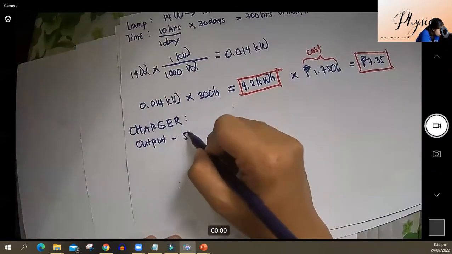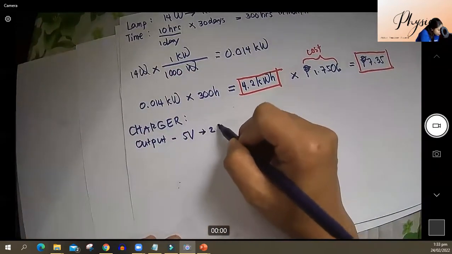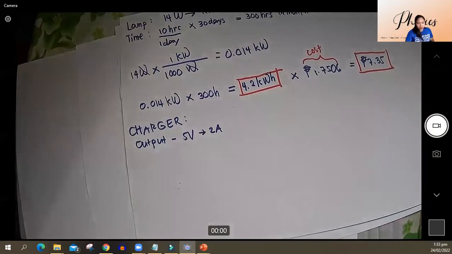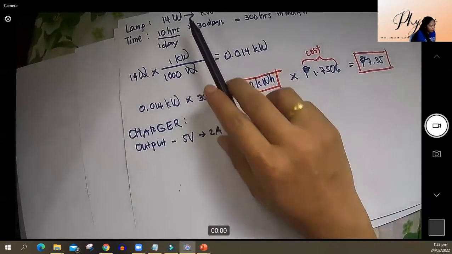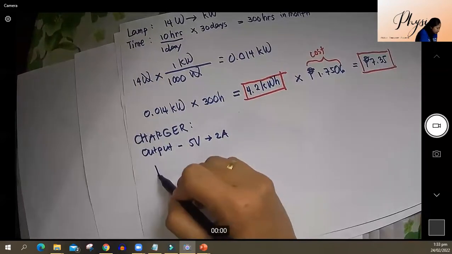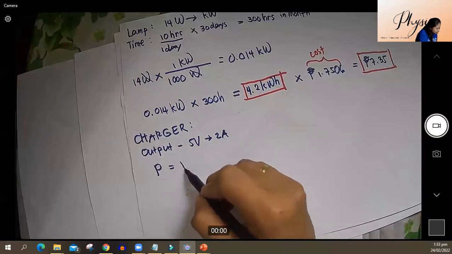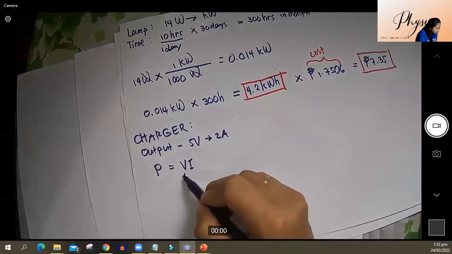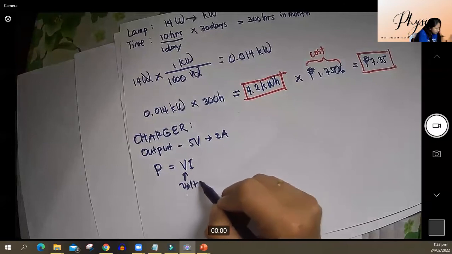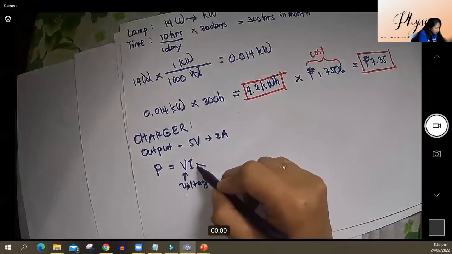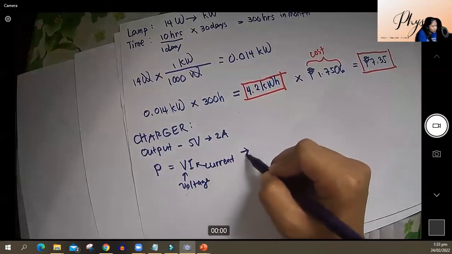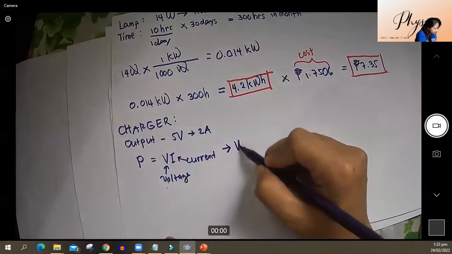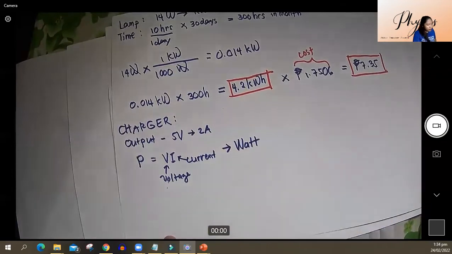So if you are given this information and we don't have the power right away, we can use the formula P is equal to VI. V is our voltage and I is our current in ampere. And the result of this is a watt unit.